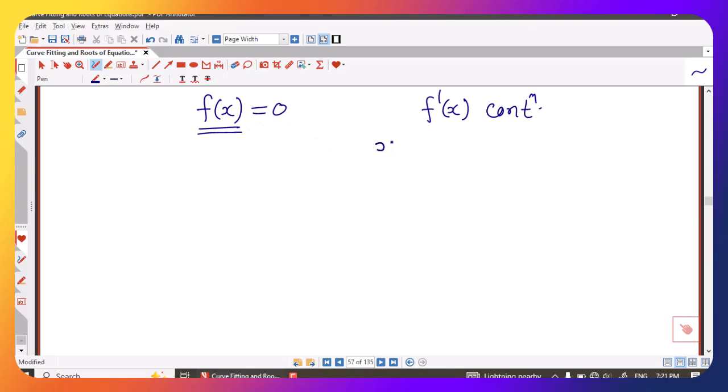So we will be given one initial approximation or initial guess to the actual root, and that will be denoted by x0. So x0 is the initial guess that will be given in the problem in the examination. If it is not given, then you can start with any initial approximation, but it should be close to the actual root.